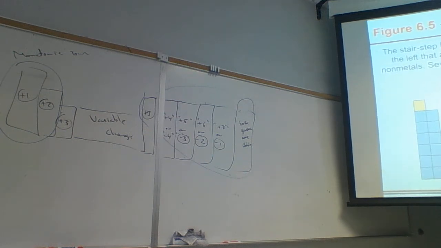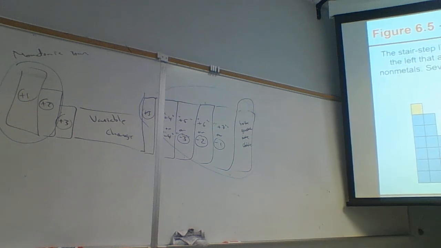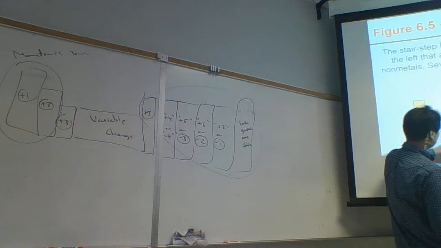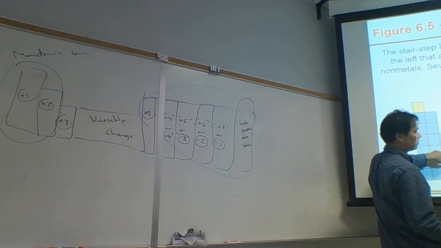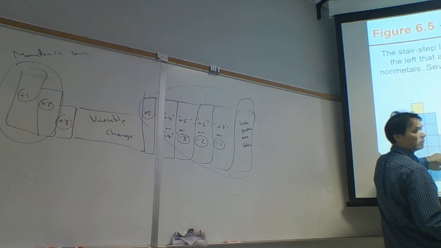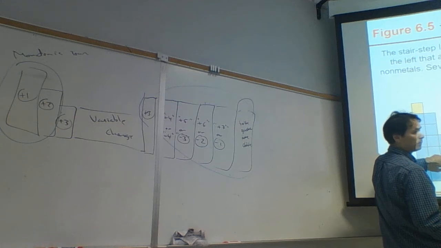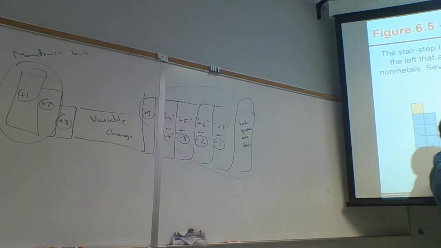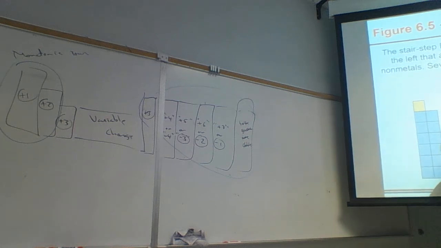This blue region cuts in here. And so what we say is this. After the first transition metal, these are plus 1, plus 2, plus 3. But the plus 3 also jumps all the way over here. This is also a plus 3.